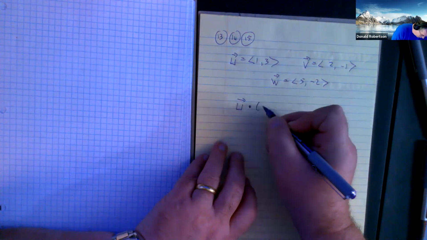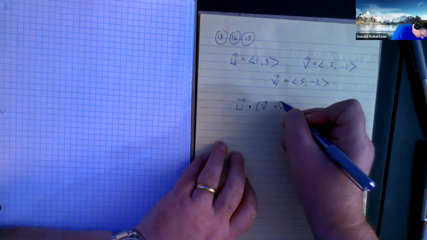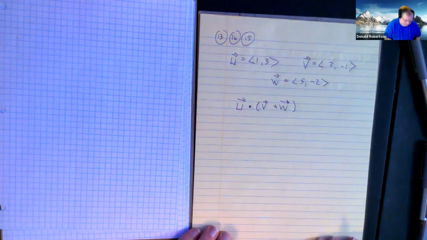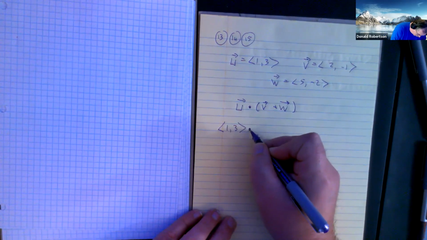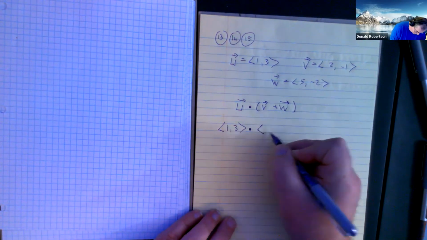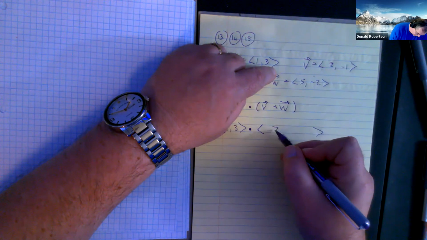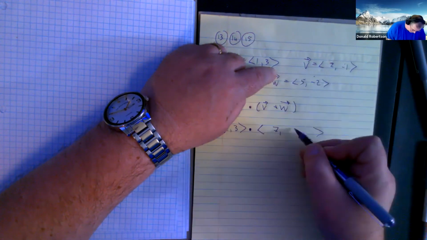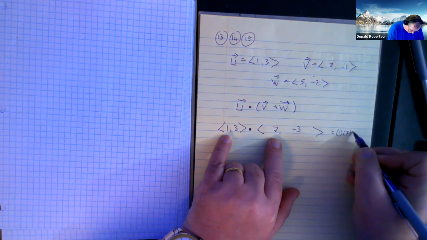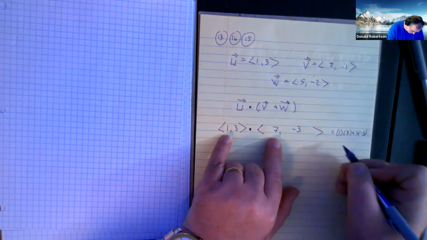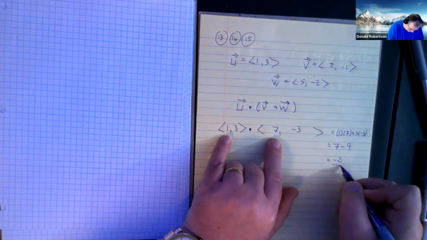If you were being asked to calculate that, then you would take the vector u, which is (1, 3), dot product with what you'd get if you added these. So adding these, you get 7. Adding these, you get -3. So the answer would be 1 times 7 plus 3 times -3. So that's 7, take away 9. I get the answer -2.